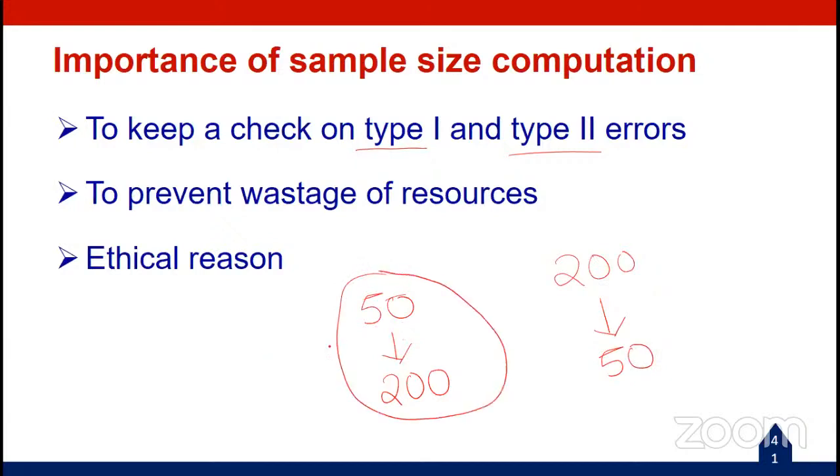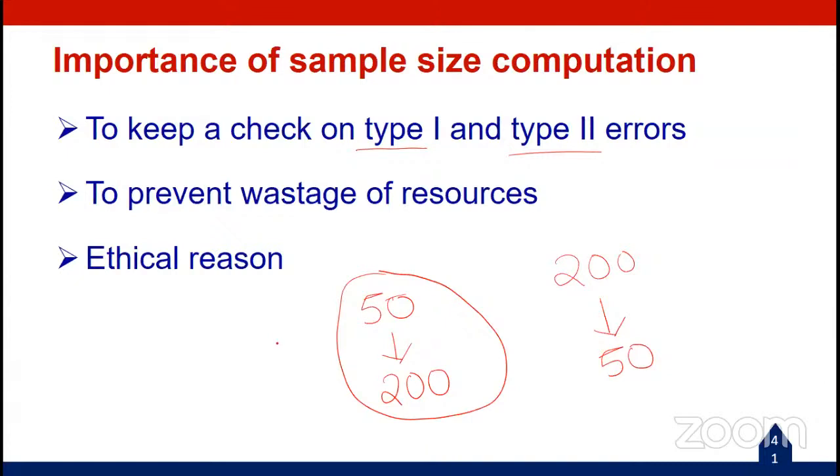In this situation, if you select more than required, you may end up rejecting the null hypothesis even for a small difference which may not be clinically relevant. Even if you get a very small difference which is not clinically important, you may say that the result is statistically significant.